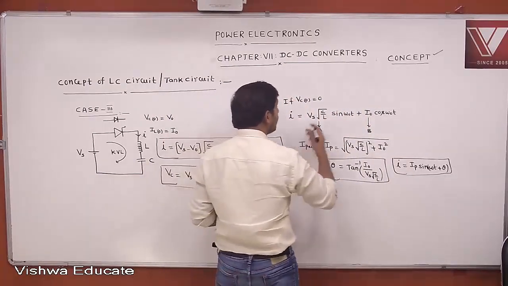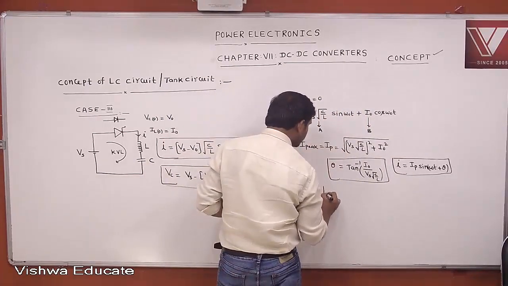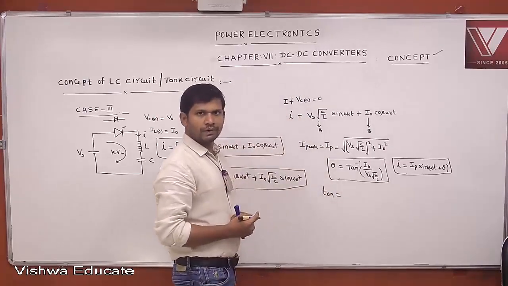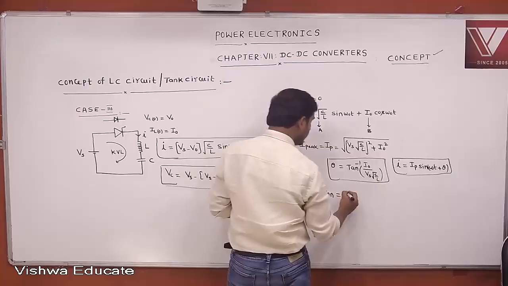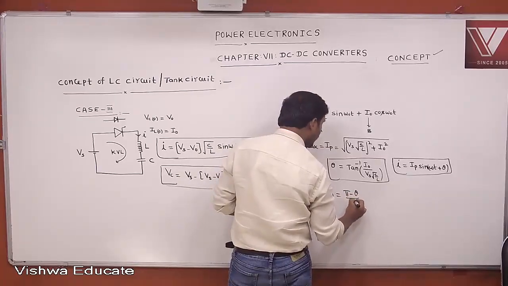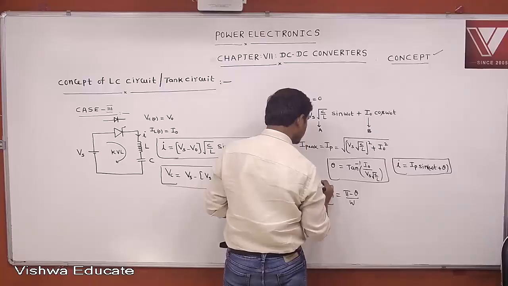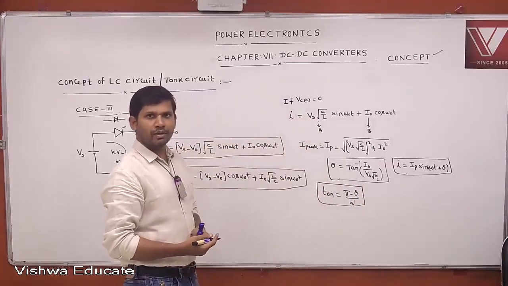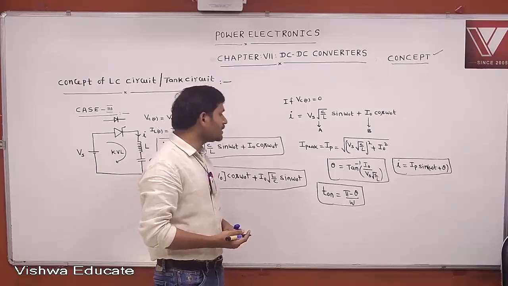Then what is the on time? T on equals pi minus theta by omega. How much time will the thyristor be on?